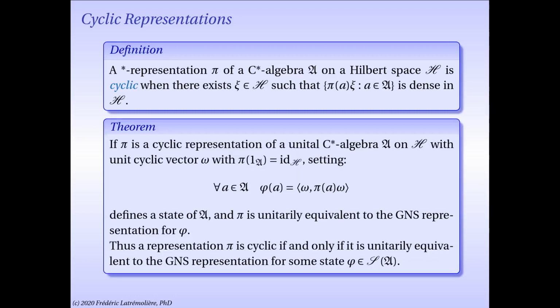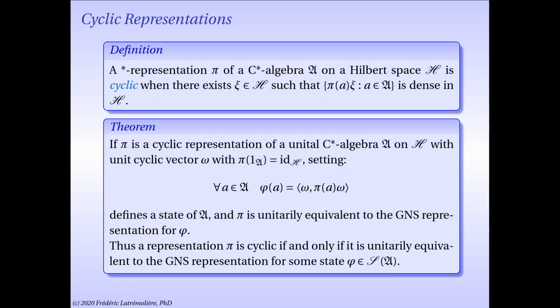And the theorem that's very important is that if pi is a cyclic representation on a Hilbert space with some cyclic vector omega that I'm going to assume is normalized to norm 1, note that again, if it's 0, then there's nothing interesting to say, then setting that for all A in your C-star algebra, phi of A is the inner product of omega with pi of A applied to omega, then this phi is actually a state of your C-star algebra, and your cyclic representation is actually unitarily equivalent to the GNS representation for that particular state.